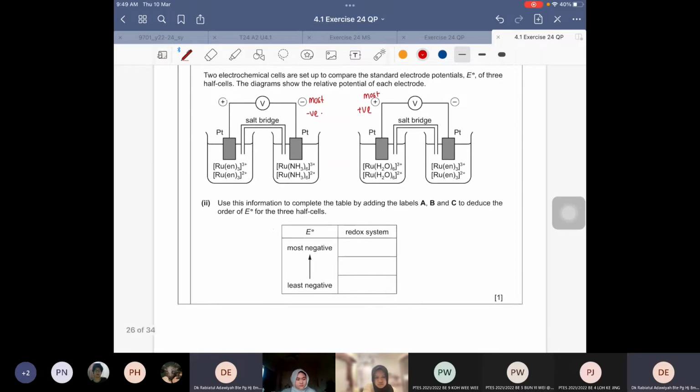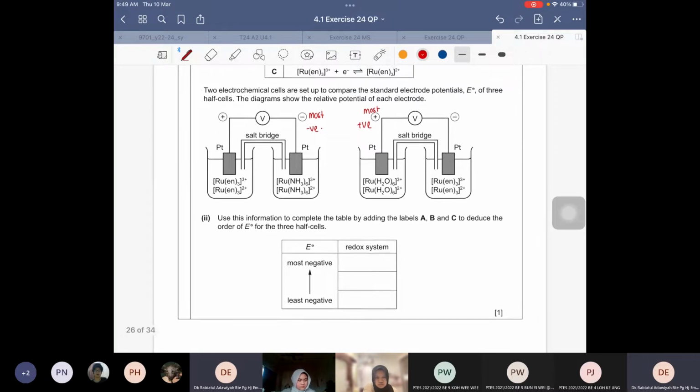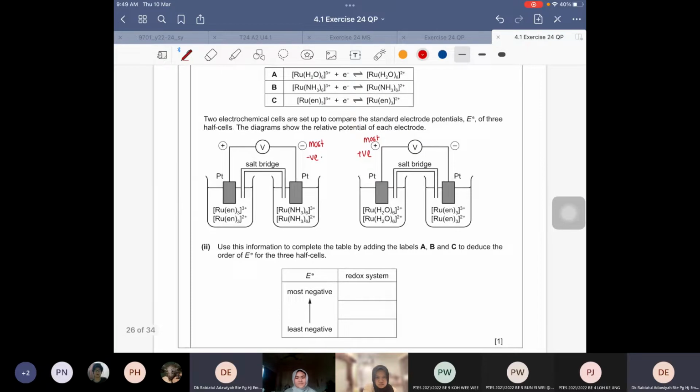The most negative system is the one with ammonia, which is B, followed by En, which is C, and the most positive is water, which is A. So that's how you answer that question.